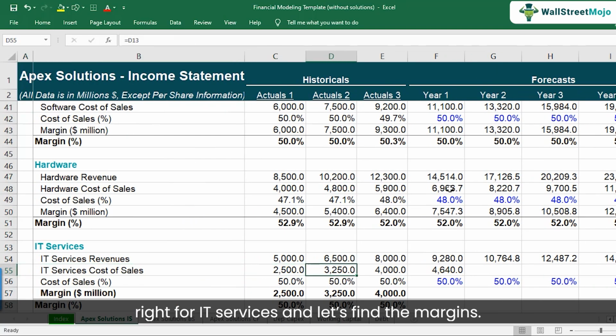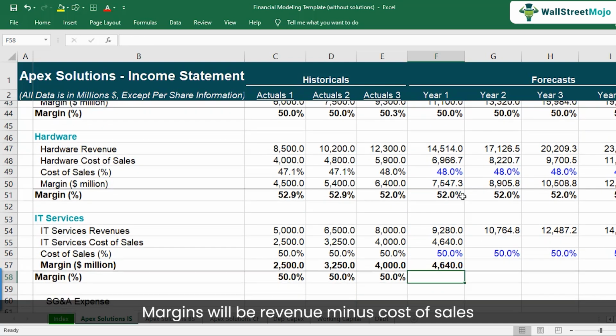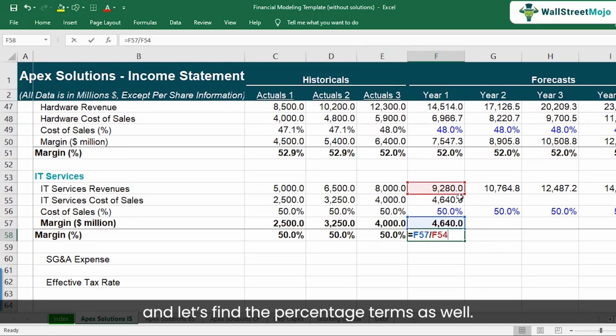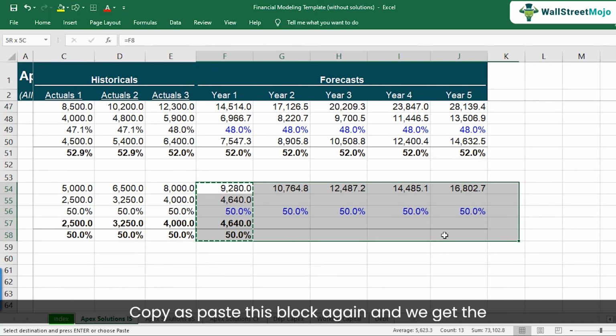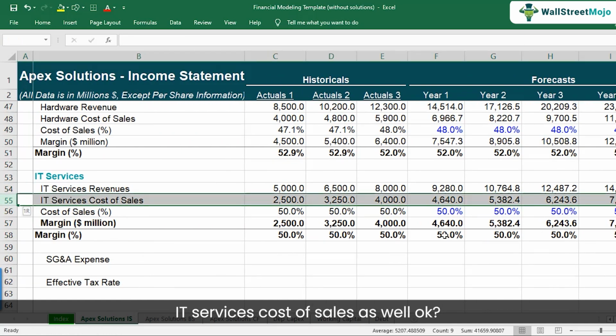For IT services. And let's find the margins. Margins will be revenue minus cost of sales, and let's find the percentage terms as well. This is margin in absolute terms divided by the total revenue. So this comes out to be 50%. Copy and paste this block again and we get the IT services cost of sales as well.